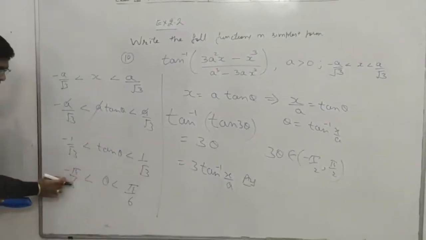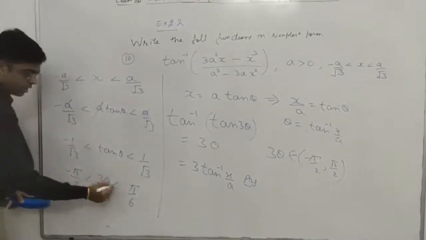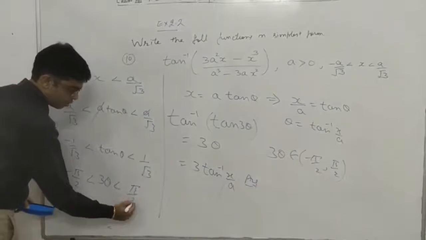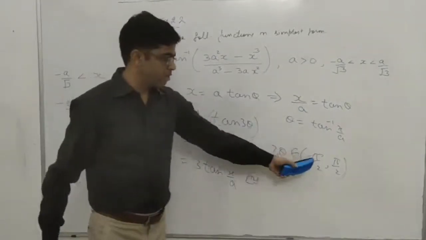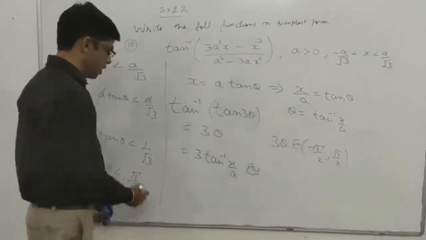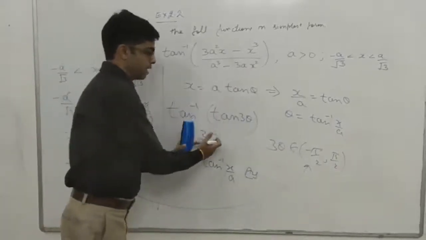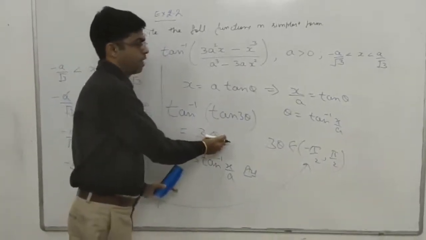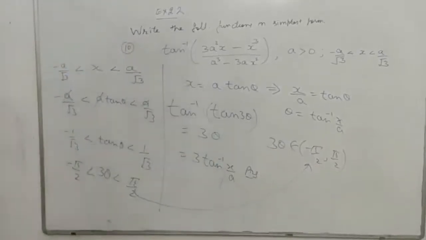On multiplying by 3, you will get minus pi by 2 to pi by 2 for 3θ. It means this is coming in the principal range of the tan inverse x function, minus pi by 2 to pi by 2. Clearly you can check. So in this way we can write this as 3θ, and finally the value of θ is 3 tan inverse x upon a, and this is our answer.